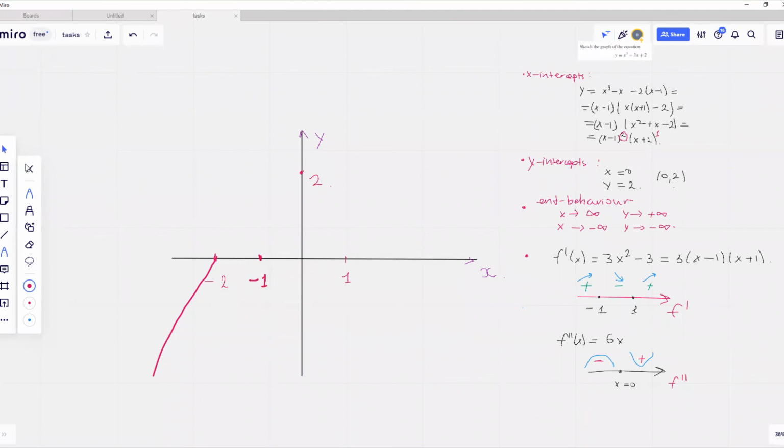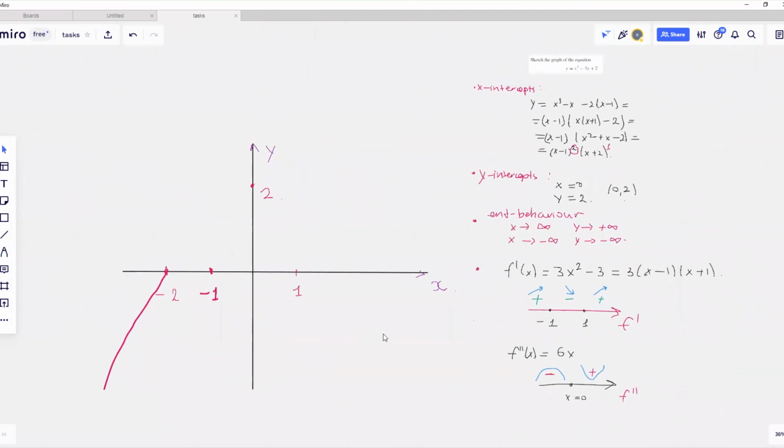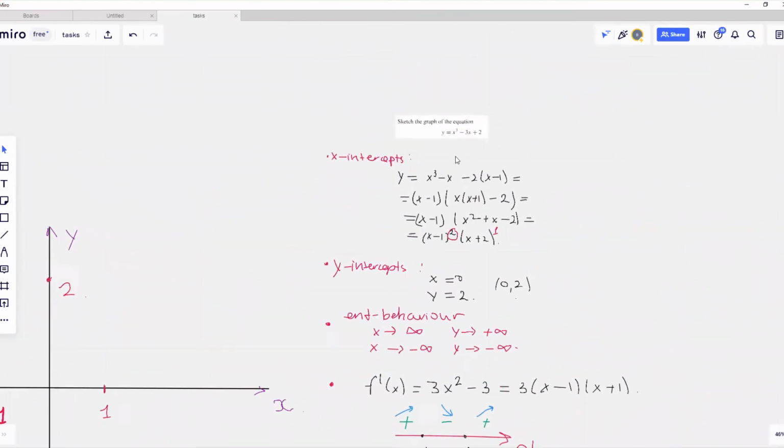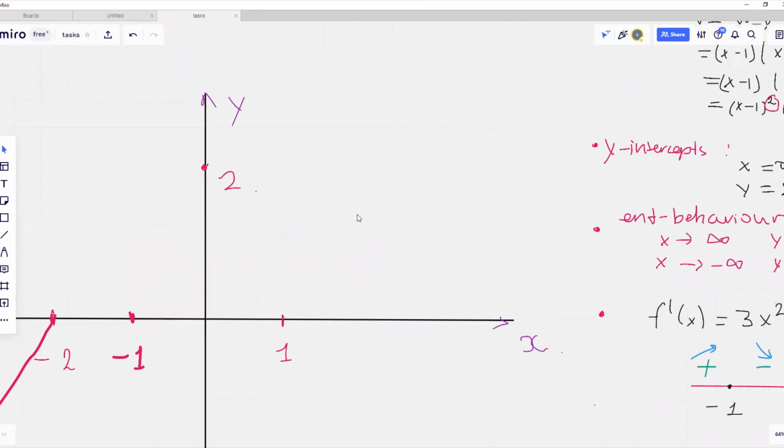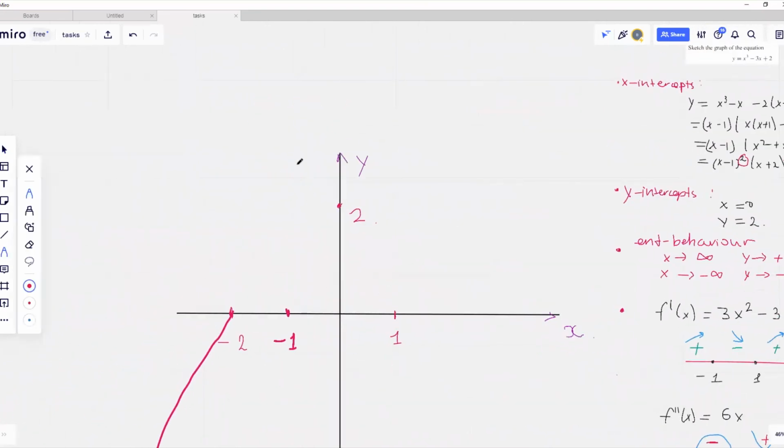Let's just in case find the y coordinate of our stationary point. So if we substitute -1 here, we'll get -1 plus 3 plus 2. So this is 4. So somewhere here. So our function is concave down and it is increasing up to point x is equal to -1.